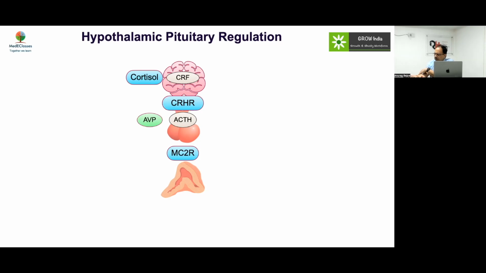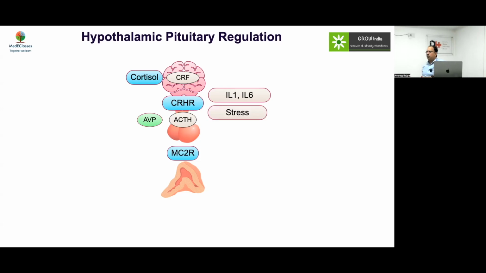Second question, if somebody has received long-term treatment with steroids, you have to give hydrocortisone. What about fludrocortisone? Because there is a suppression of the ACTH, and the renin is not controlled by the ACTH. There's like 5 to 10% control, so it is not going to be affected in that regard.